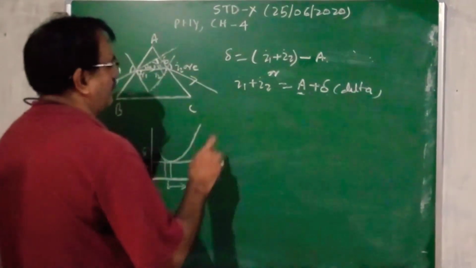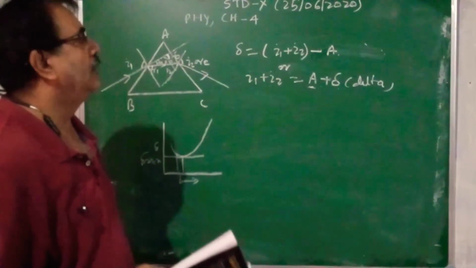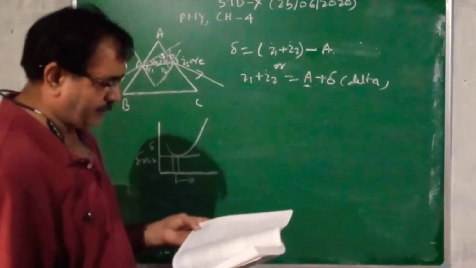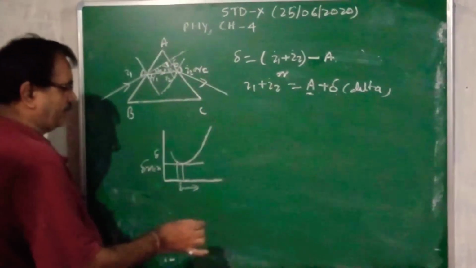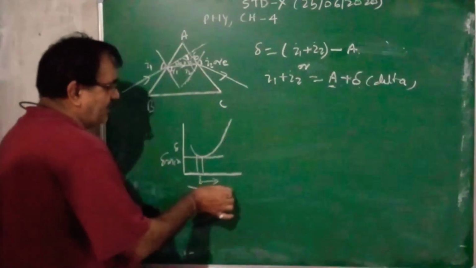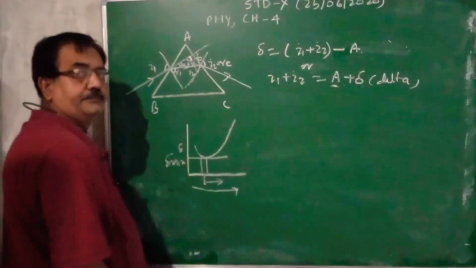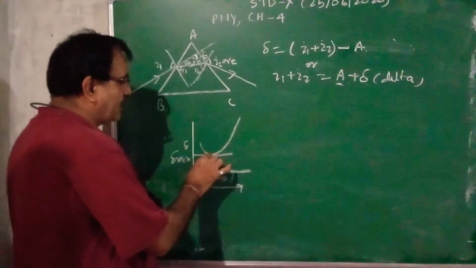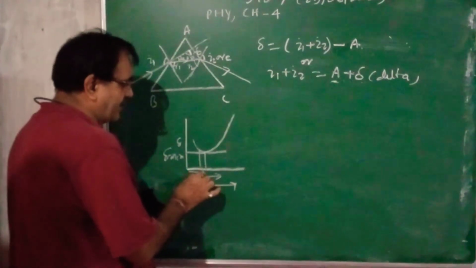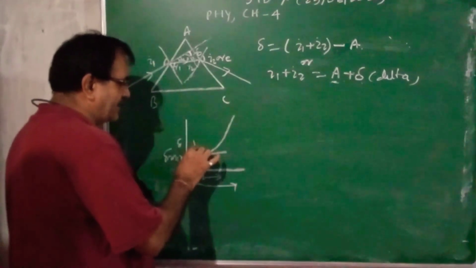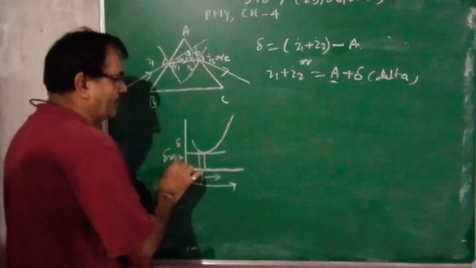So now the factors of the deviation. The deviation depends on four factors. First, the angle of incidence. Now this graph is very important. When the angle of incidence increases, first the deviation decreases. At a certain angle, it becomes minimum, delta minimum.